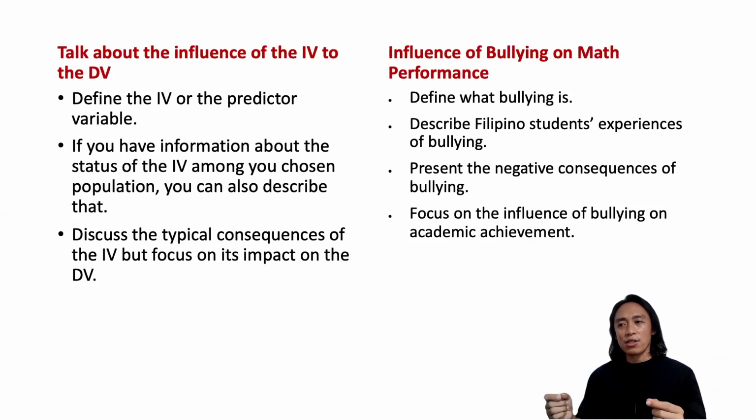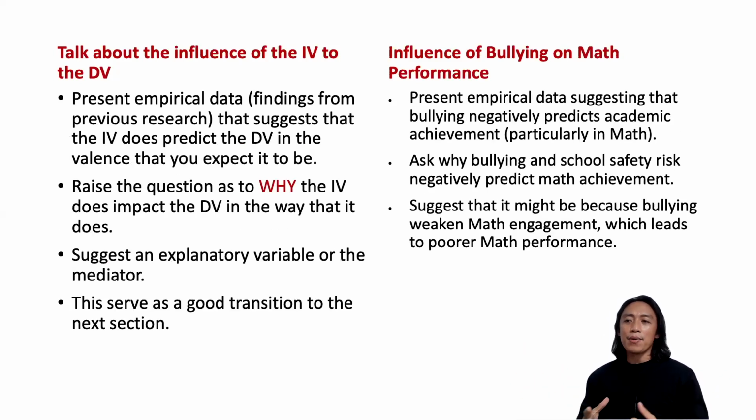So I'm first suggesting that bullying has an impact on academic performance in general, and then later on I will funnel it specifically to the subject of mathematics. Next, present empirical data. When we say empirical data, this refers to findings from previous research that suggests that the IV does predict the DV in the valence that you expect it to be.